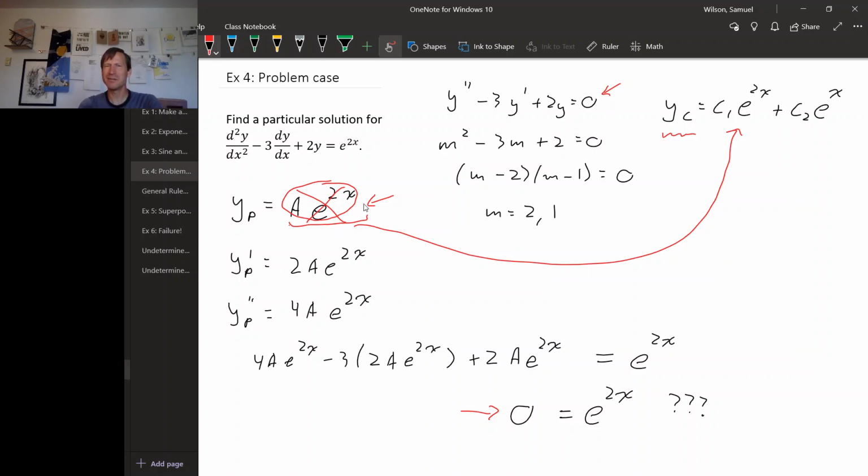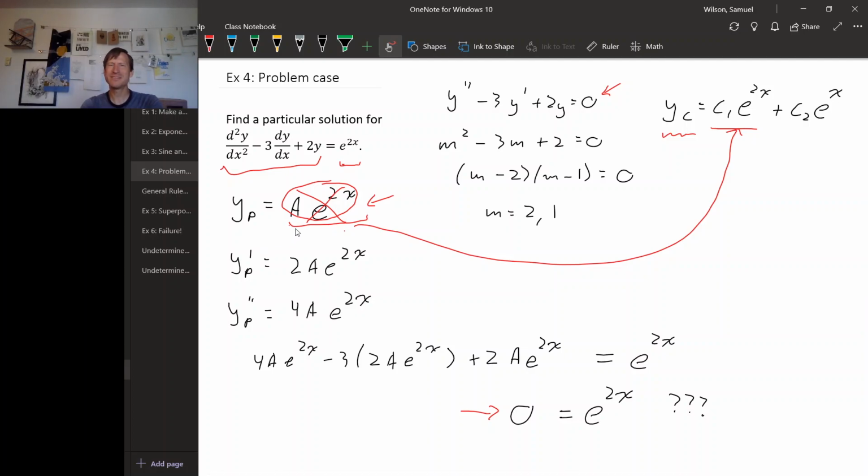So we accidentally made a guess that makes this left-hand side of the equation 0. So that's a bad guess because we didn't want the left-hand side to be 0. We wanted it to be equal to e to the 2x. So this was a bad guess because the guess that we wanted to make overlaps with the complementary solution. So that's the unfortunate situation that we're in. The guess we wanted to make overlaps with the complementary solution. So how can we fix this?